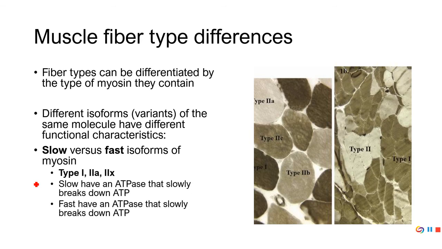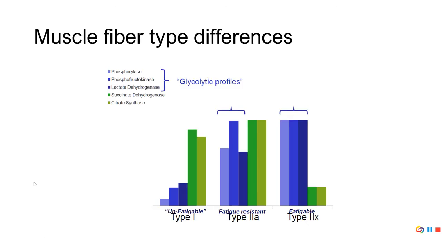So what we've got here on this figure is the 3 different types of muscle fibers, and we've got glycolytic enzymes here. So phosphorylase, phosphofructokinase, remember that's the rate-limiting enzyme for glycolysis, and then lactate dehydrogenase. Okay, so these ones that are blue. Now notice that type 2A and type 2X have a large amount of these enzymes, whereas type 1 has a relatively small amount.